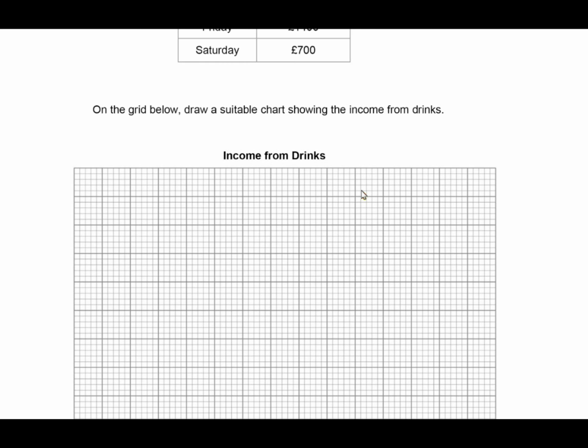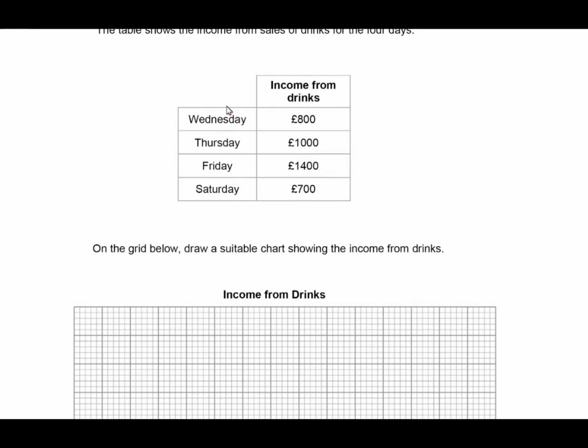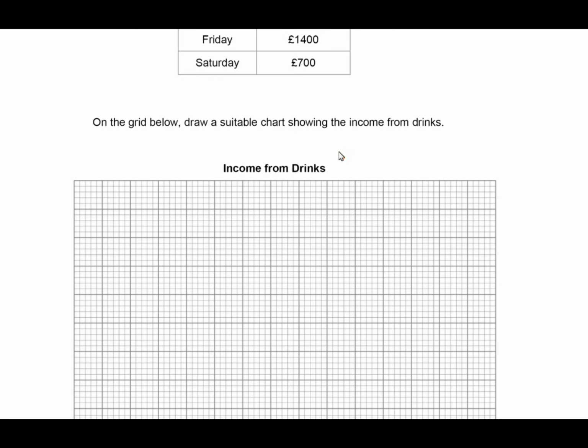So what we need to do now is work out the best way to display our information that we have here. So I would go for a bar chart myself with a frequency count on the left hand side, and that would be money going up to £1,400.